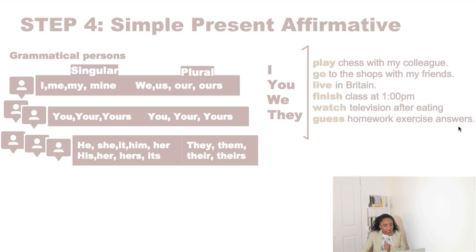You guess homework exercise answers. We guess homework exercise answers. They guess homework exercise answers. So can you see how in the present simple affirmative statement, in other words, you are making an affirmation in the present.